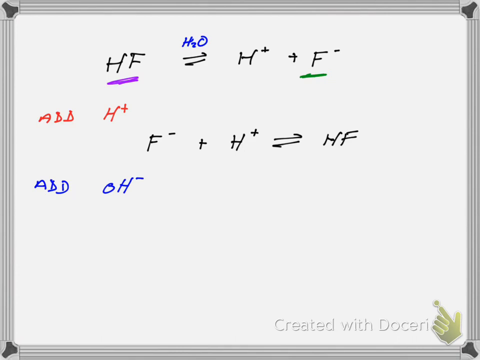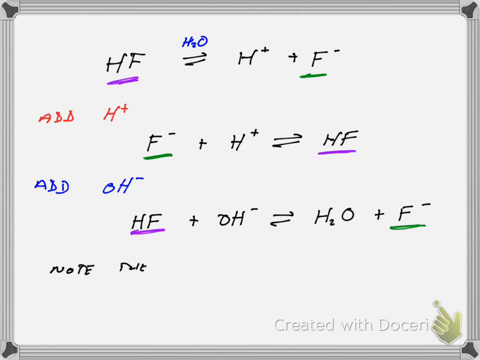Similarly, if we add a base, then what's going to happen? Well, when you add the acid, who can help you? The conjugate base, right? Because the conjugate base can help neutralize the strong acid. Well, if you add a strong base, then what's going to help to neutralize the strong base? Well, that is the weak acid. And so we're going to write that first. The weak acid then will combine with the hydroxide ions to produce what? Water and the conjugate base.